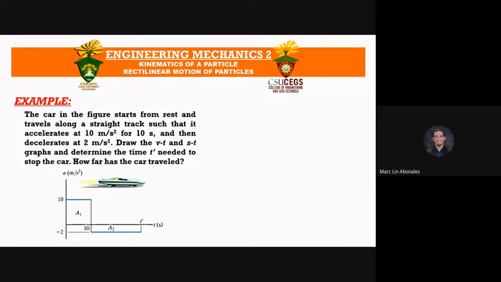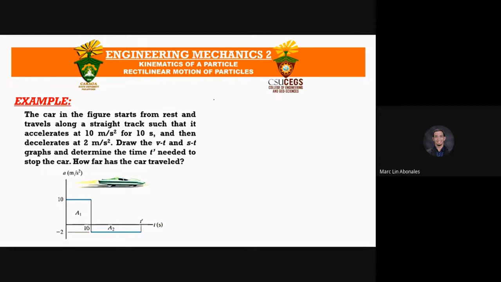Just a recap of the first example problem: if the ST graph is given, you can construct the VT and then the AT, and what you use is the derivative. But if the AT graph is given, you construct first the VT, then the ST graph, using integration. So for this problem where the AT graph is given, we will construct first the VT graph.